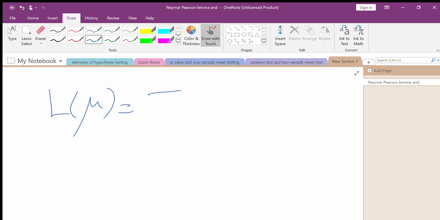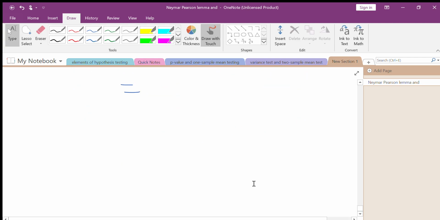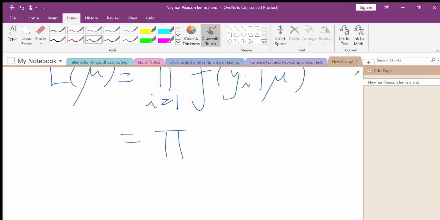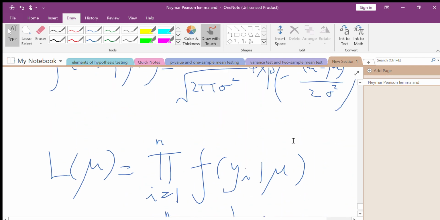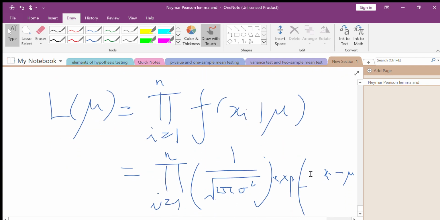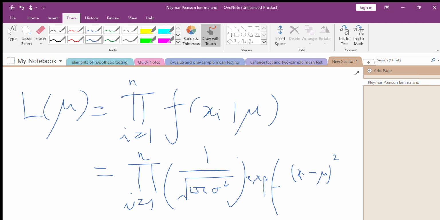It's just the product of the PDF, i from 1 to n, f of xi given mu, and we just plug in this PDF: product i from 1 to n of 1 over square root of 2 pi sigma squared, exponential of negative (xi minus mu) squared divided by 2 sigma squared.